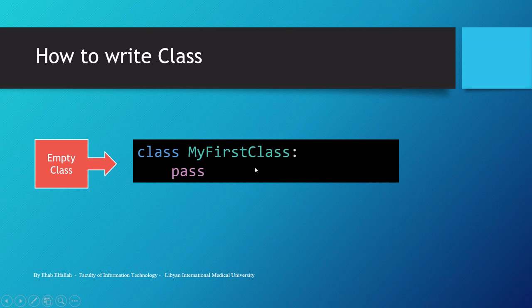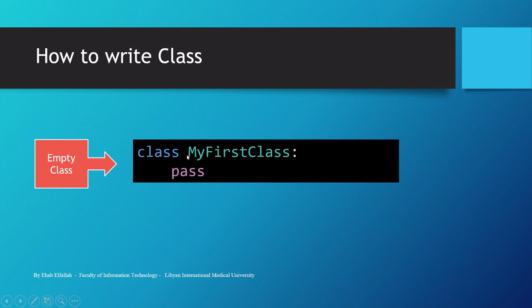For example, it cannot start with a number, cannot have a space, and cannot have special symbols like a semicolon. And besides, it cannot be a reserved word like class. Class is reserved, so we cannot name a class class.